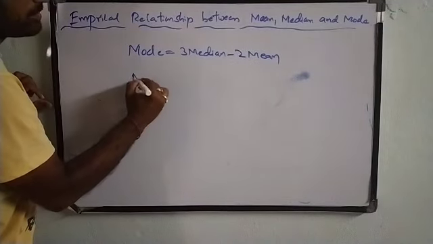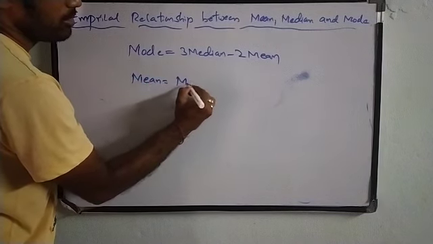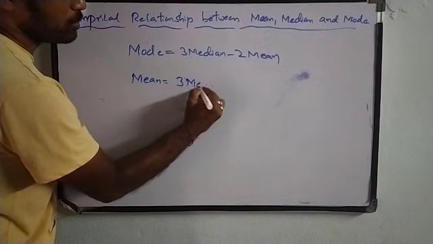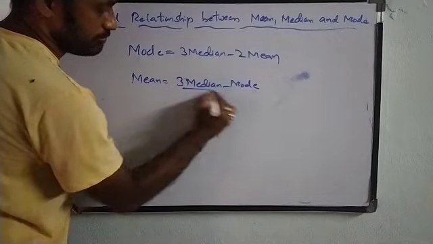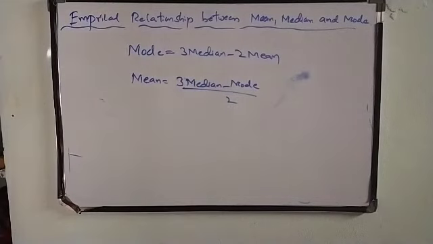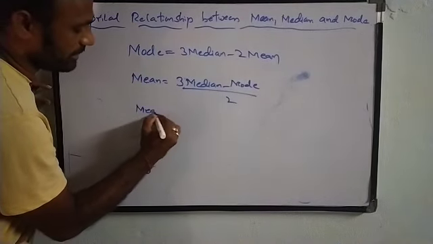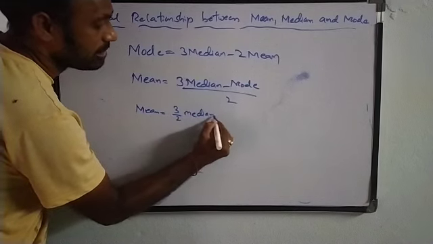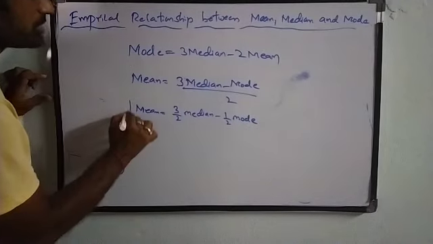And if I want the mean, the mean will be 3 median minus mode, by 2. That means we can write it as 3 by 2 median minus 1 by 2 mode. So this is the mean formula.